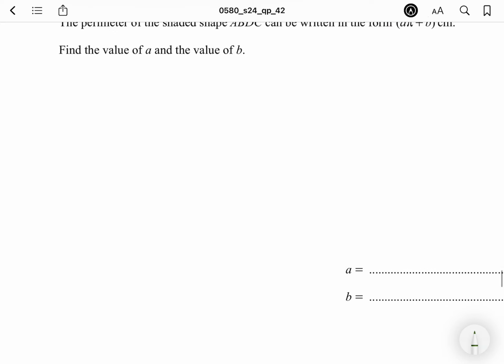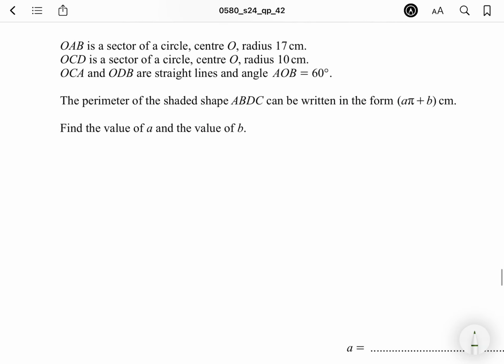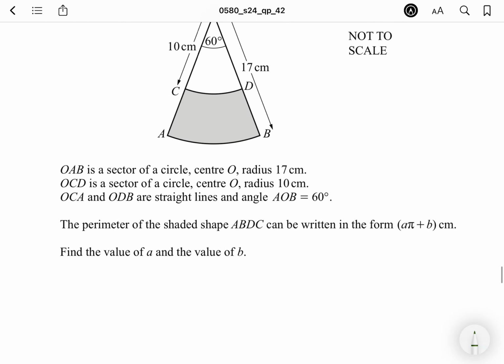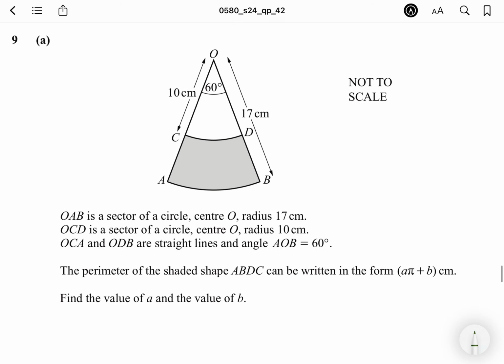Berapa markahnya? Sikit. Senang. Yang mana kamu tahu measurementnya? AC. AC berapa? 7.